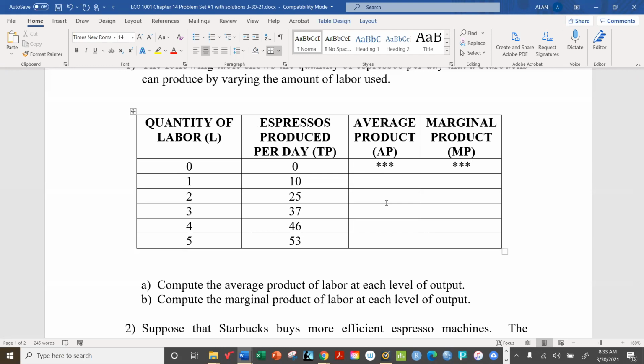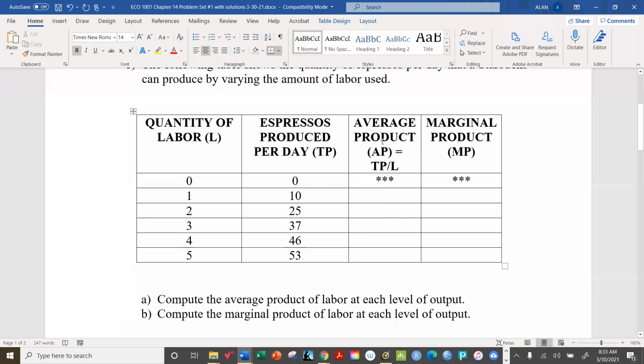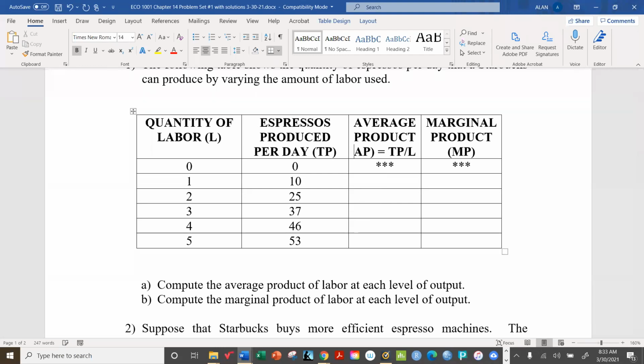Here's what you're doing. The average product, I might as well add this to the top here, equals TP over L. Okay, so that's exactly what we're trying to do here. We're going through all of the levels of output. For example, 10 espressos are produced by 1 worker.